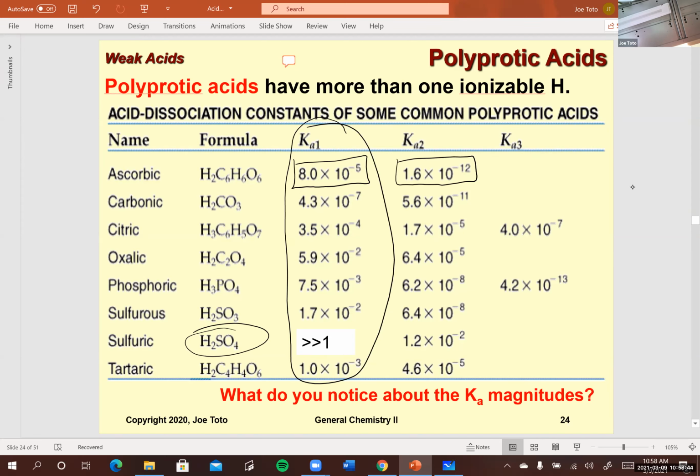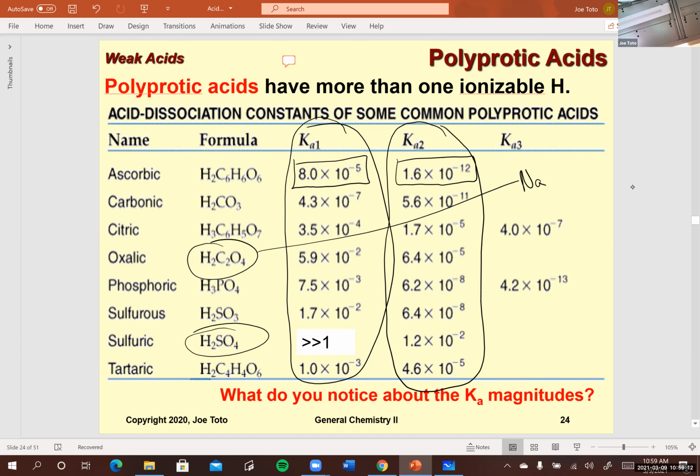Now, that's not saying that you're never going to use the Kas of successive deprotonations. You might, because you might start out with, for example, oxalic acid. Instead of having a 1 molar solution of oxalic acid, what if you had a 1 molar solution of NaHC2O4?